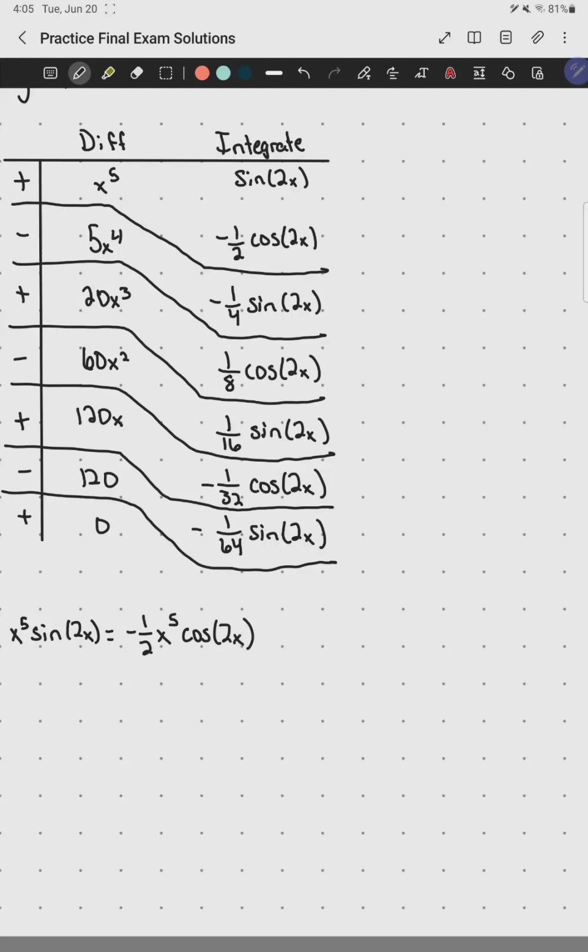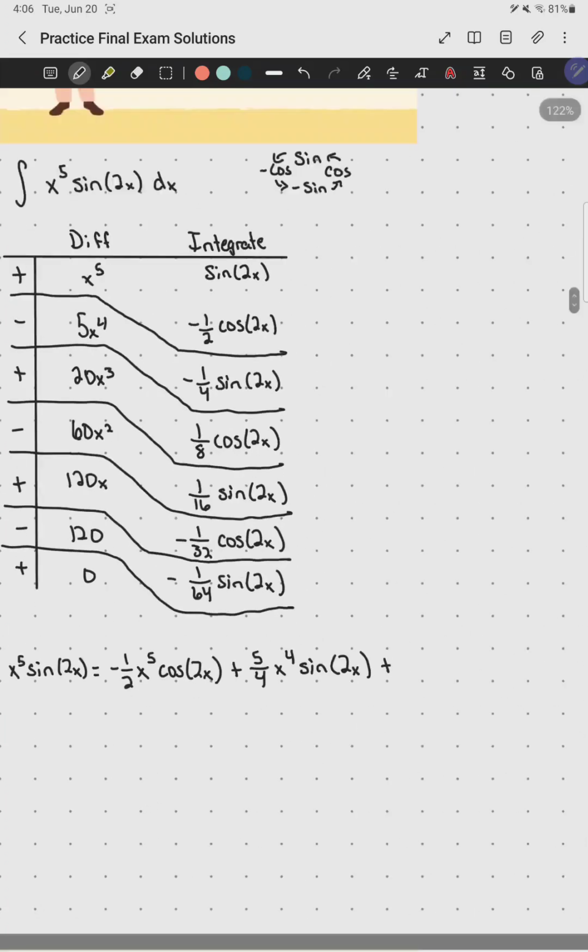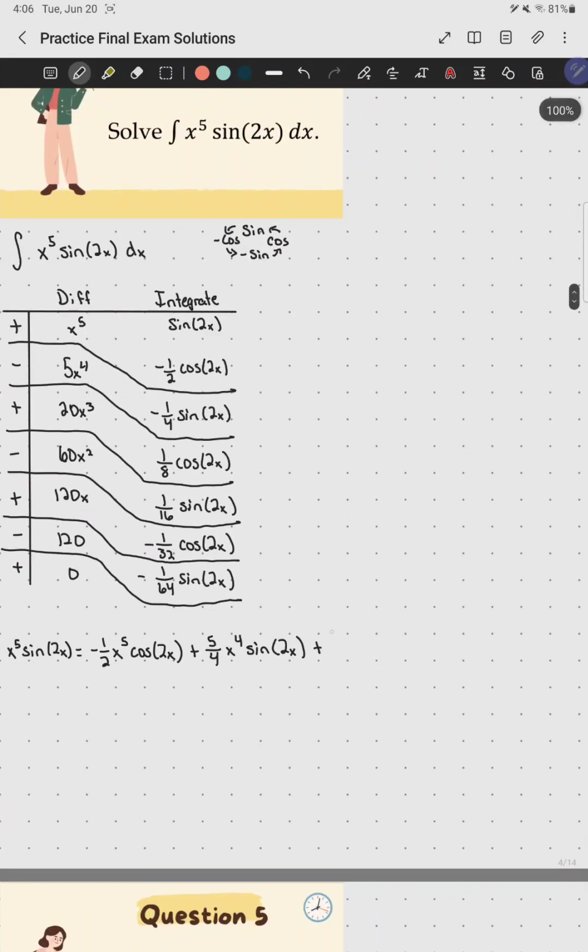A minus times a minus is a plus, so plus 5/4 x to the 4th sine 2x. We have two plus signs here, so plus 20/8 x to the 3rd cosine 2x.